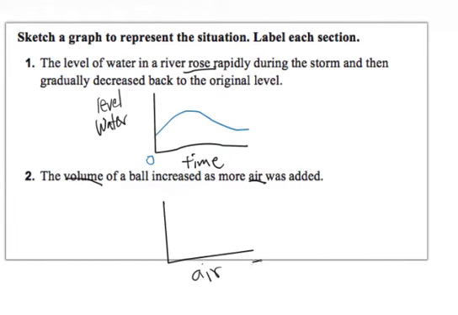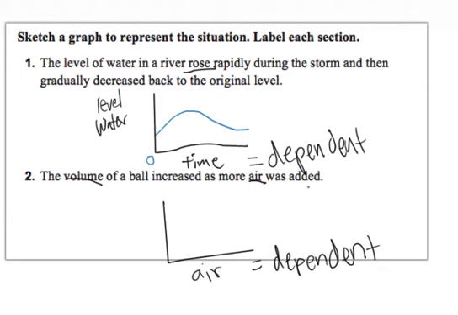We always want to put the independent down here. Okay, usually. Right? Usually time is always going to be independent. Okay? So notice the volume of the ball depends upon how much air I put in. The more air I put in, the more volume I get. That's how I know volume is going to be my dependent.